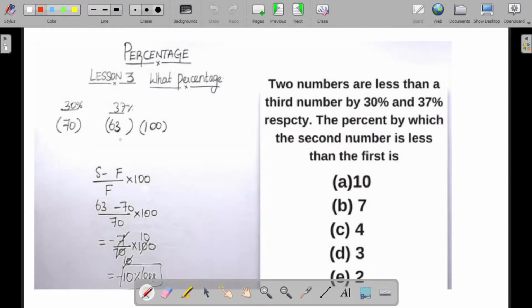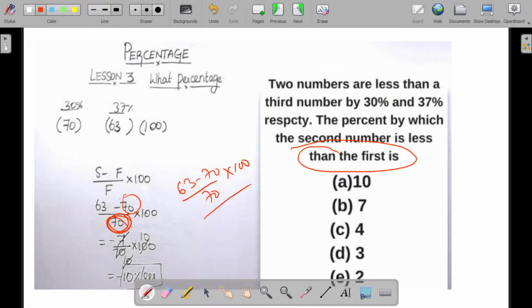Okay, the answer is A. So less than the first, so the first number comes in the denominator. And the second value: 63 minus 70 by 70 into 100. Once you do the simplification, you will get 10. Minus 10 means it is less than. Minus 10 you will get.